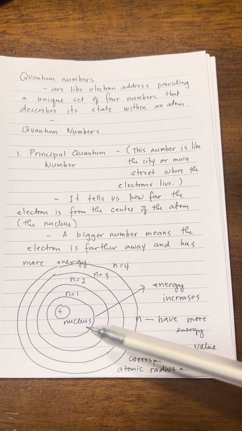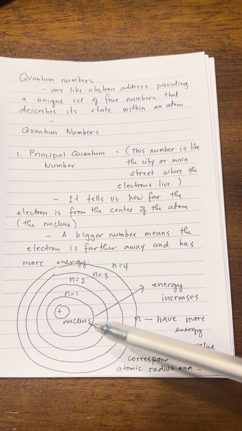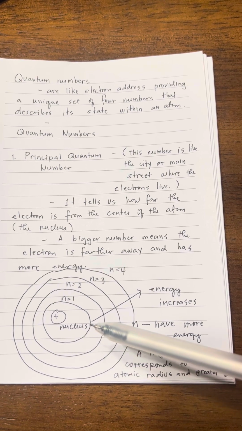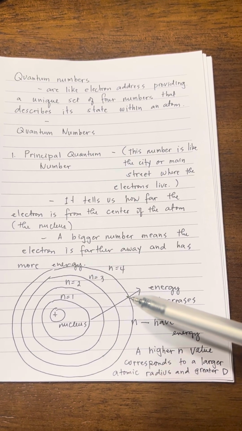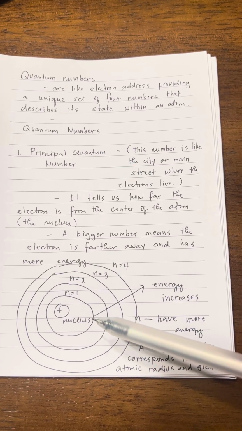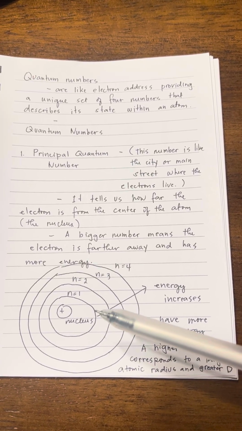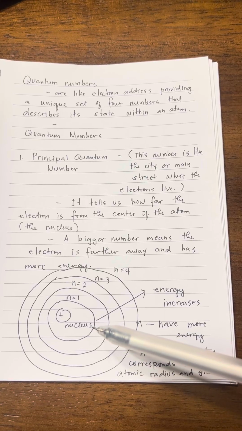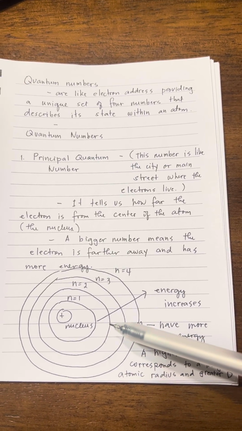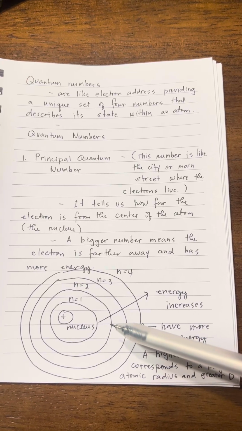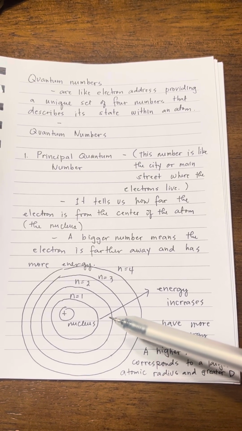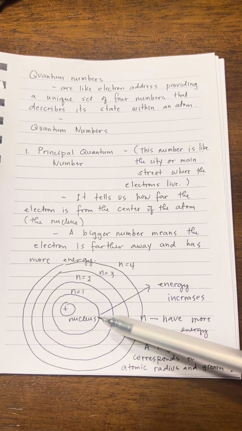We all know that electrons move between these energy levels, from the ground state to the excited state. If you see the electron here, that means the electron is in the ground state. It is in a low energy level. But once it jumps to this next energy level, it is no longer in the ground state. It is already in the excited state because this energy level is higher than this one.